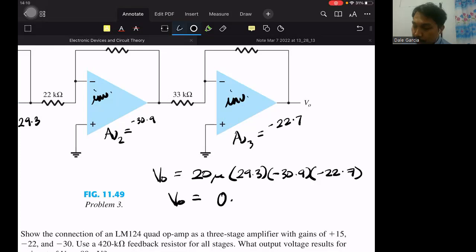Not 20 micro, I mean 2 micro. I got 0.41103. Let's just leave it at 0.411. Okay.